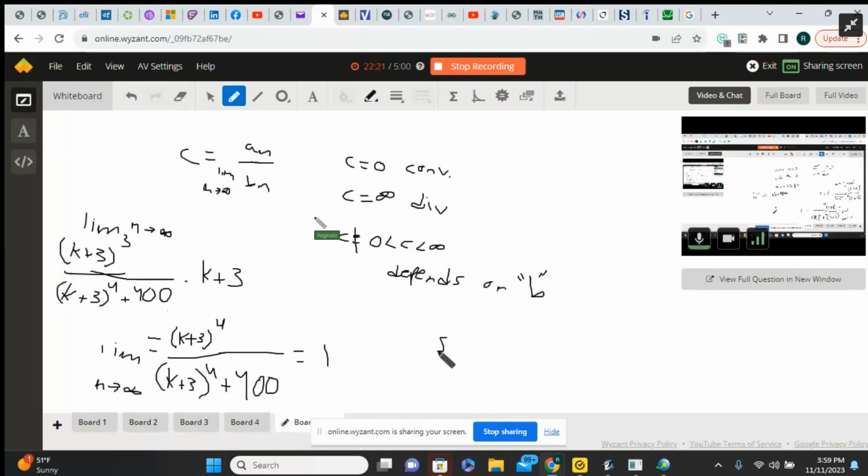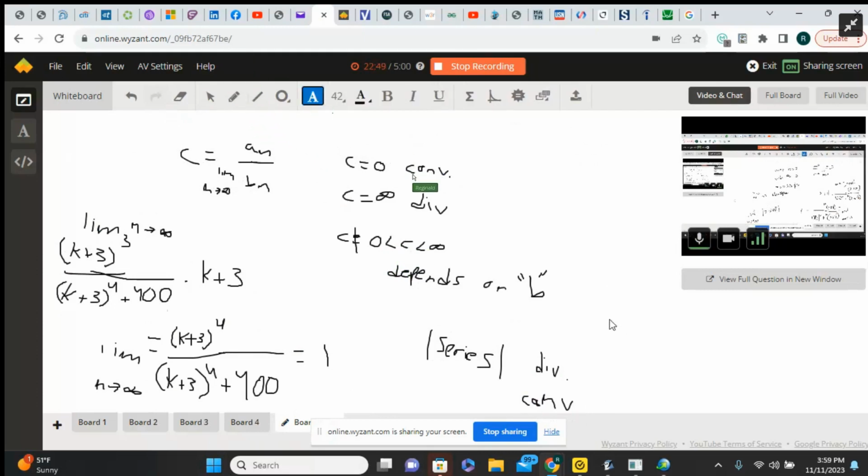So the series itself diverges, or the absolute value of the series per se diverges. I'll just put in absolute value bars. So for part C, it converges conditionally. Here, I'll type it in.